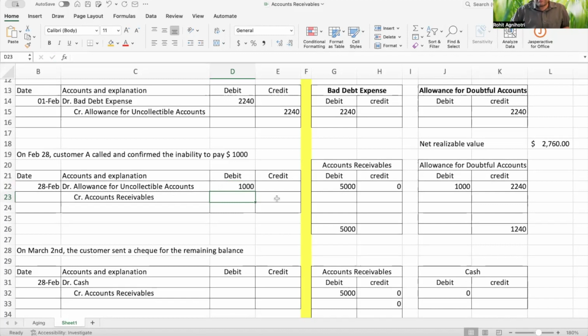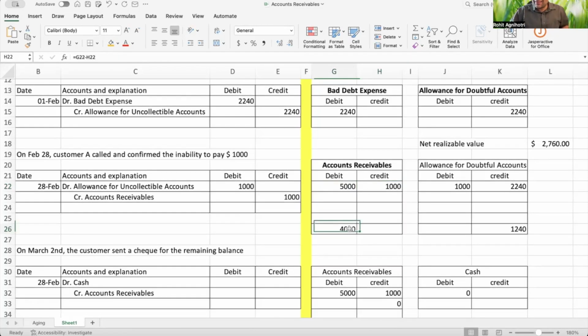And now at the same time, you will reduce the accounts receivable balance of your customer. So $1,000 credit. Now please see, in your accounts receivable T account, you can see this customer owed us $5,000, but now the customer is not going to pay $1,000 because of whatever reason.